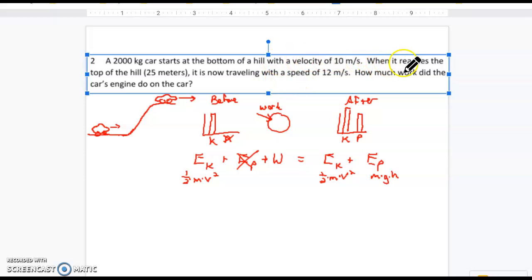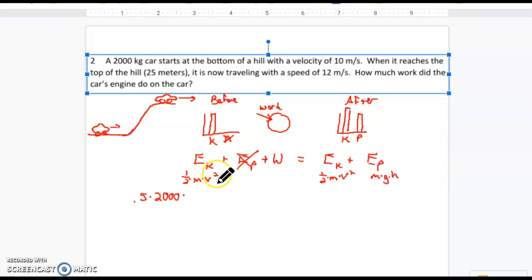In fact, they're asking us how much work is done on the car, and this is the thing we're trying to solve for. So we can put everything into the equation and try to figure it out. Like here, we have 1/2. We could put 0.5 times the mass. They tell us the mass of the car. It's 2,000 kilograms.